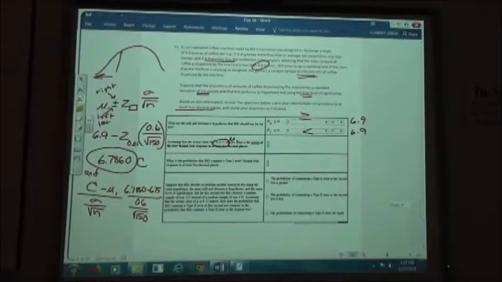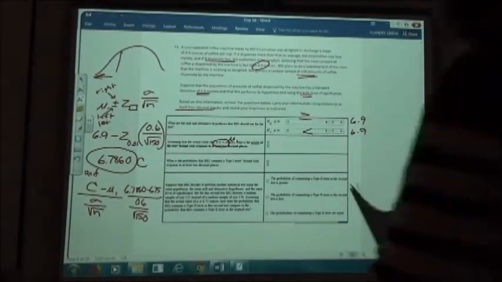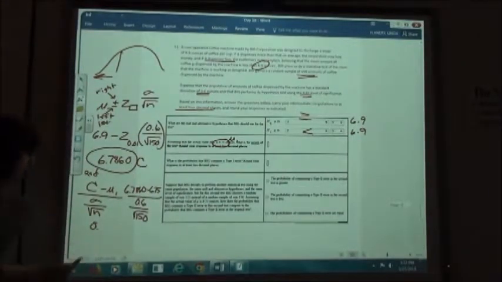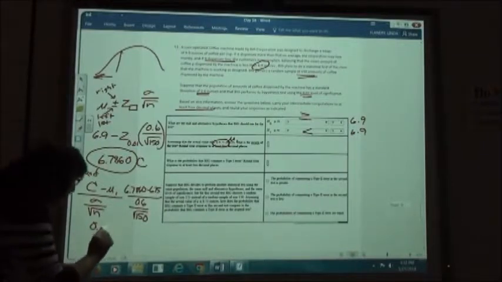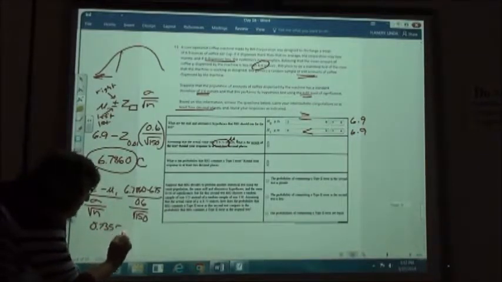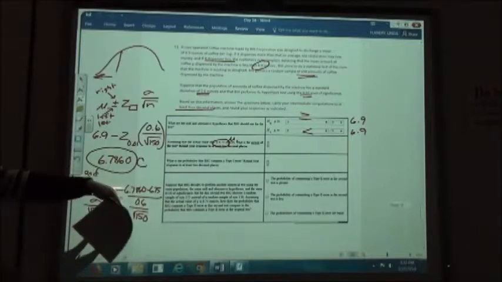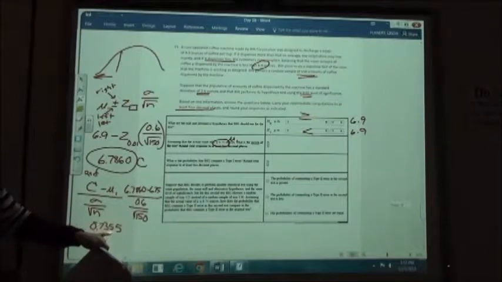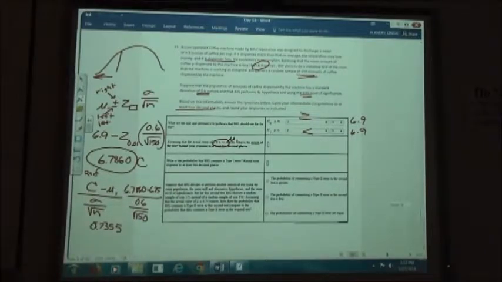There we go. Okay, so that number is, to 4 decimal places, 0.7355. She didn't round off, she used the full number on the calculator, so you might have a little bit different number here because if you round it, it will be different.